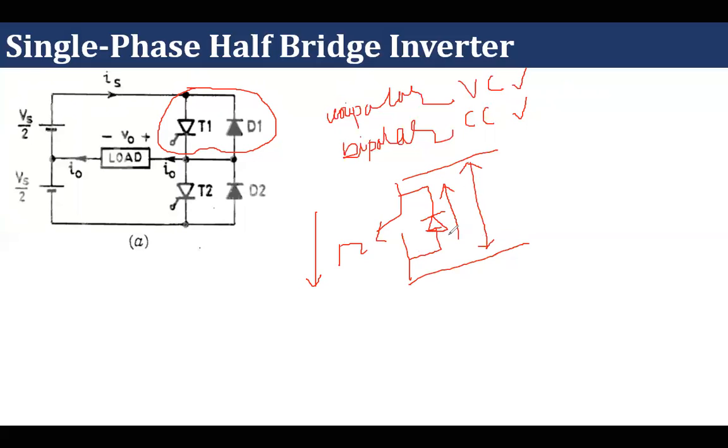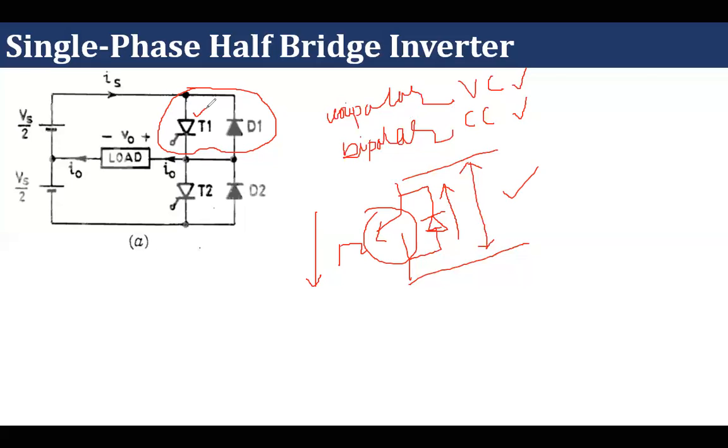And we know that whenever a diode is forward biased, it will allow flow of current. So the combination of this controllable switching device along with the diode is providing the facility of bipolar current capability and unipolar voltage capability. In this circuit, a silicon controlled rectifier has been used.